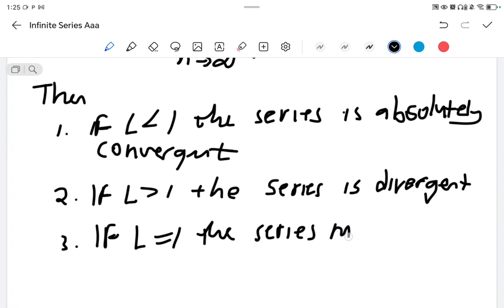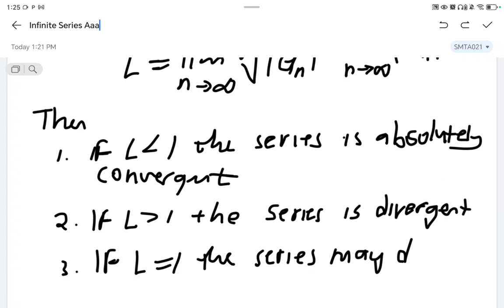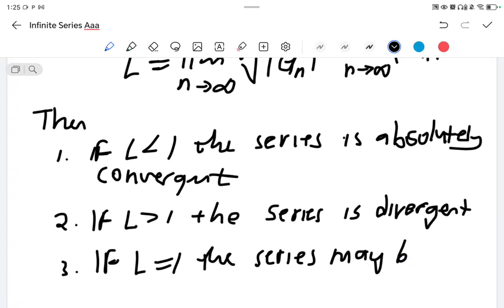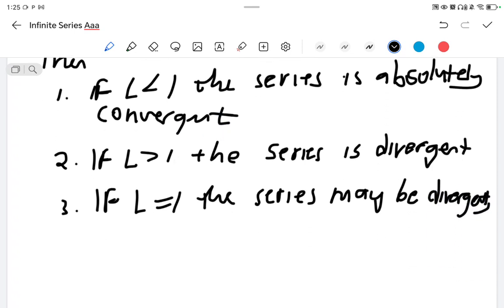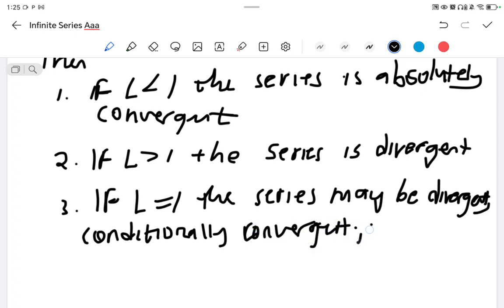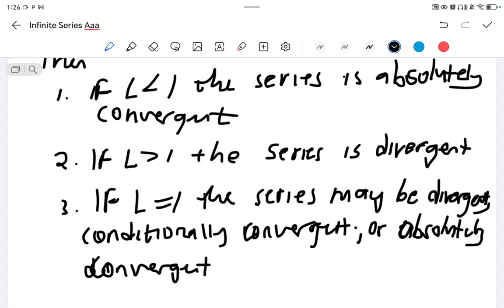The series may be divergent, or maybe conditionally convergent, or it may be absolutely convergent.